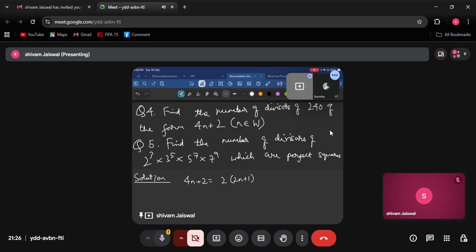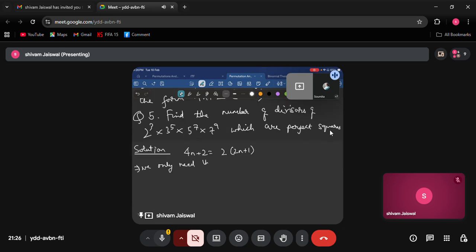This implies we only need the divisors which are odd multiples of 2. We only need the divisors which are odd multiples of 2.